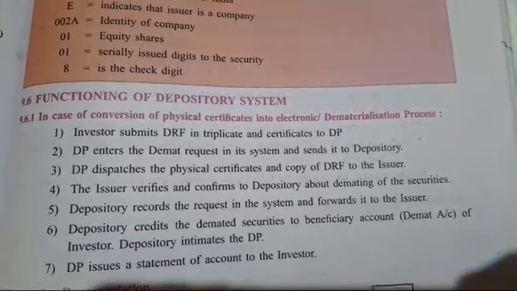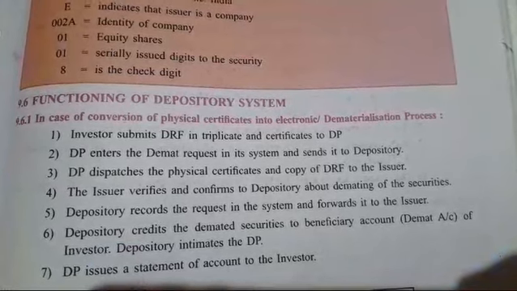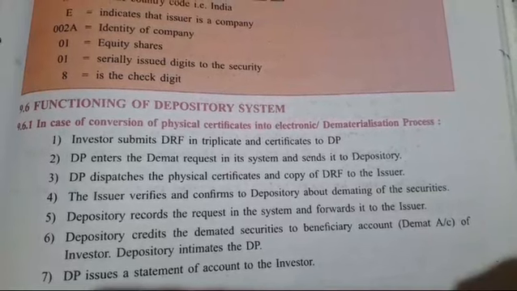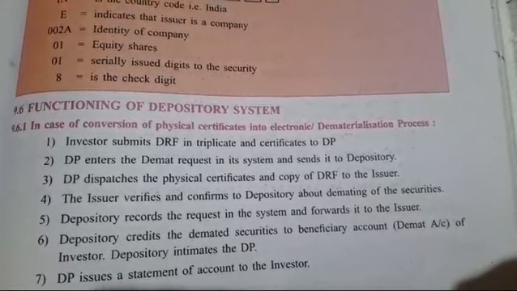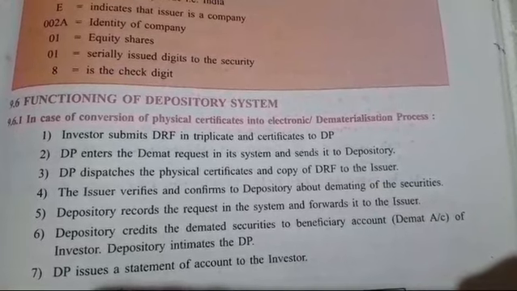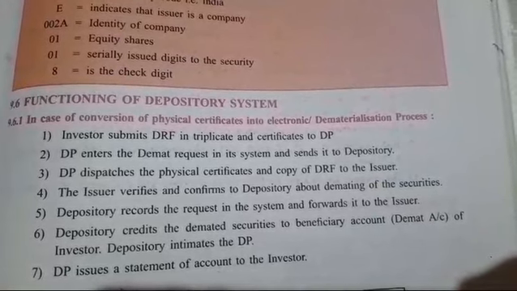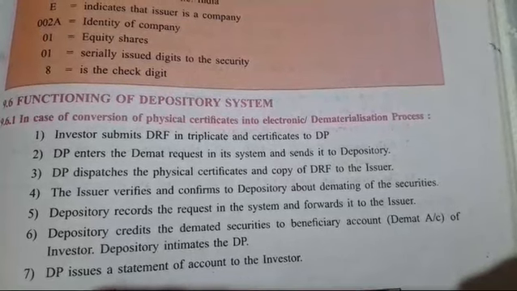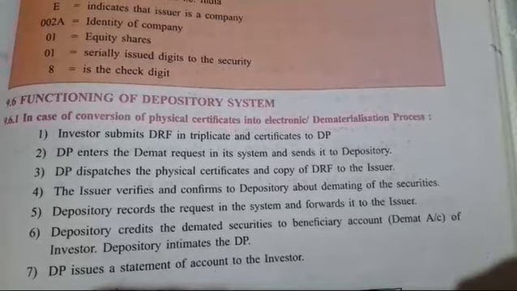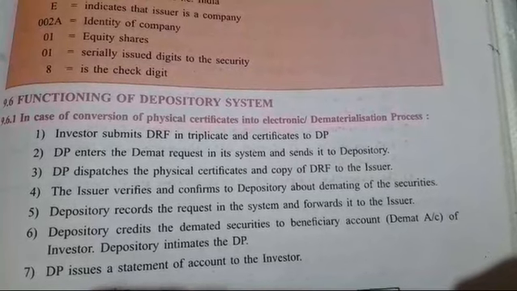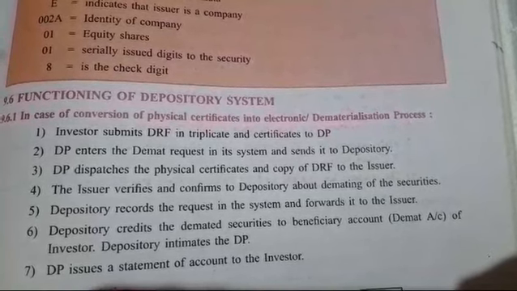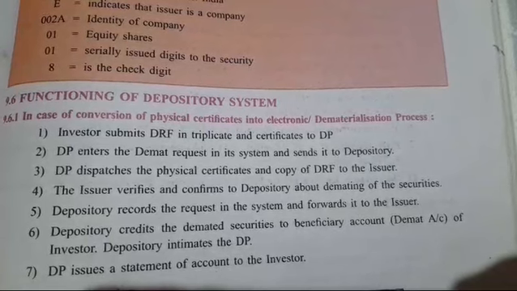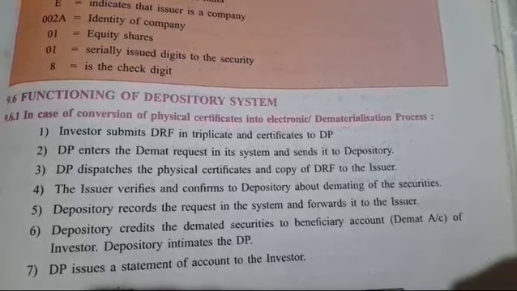Functioning of depository system. In case of conversion of physical certificates into electronic form, the dematerialization process: First, the investor submits DRF in triplicate and certificates to the DP. Second, the DP enters the demat request in its system and sends it to the depository. Third, the DP dispatches the physical certificates and a copy of the DRF to the issuer.